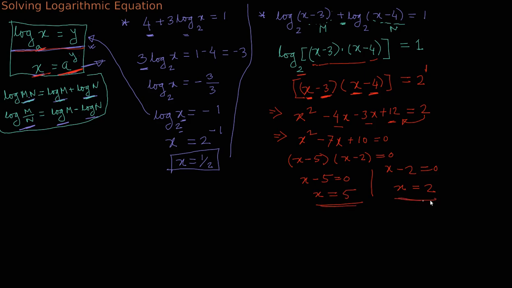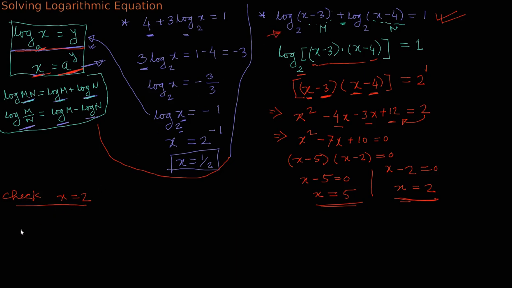I am not going to claim that those are 100% solutions, because I have to test each solution in this equation. Okay, so let's test x equal to 2, in this logarithmic equation.